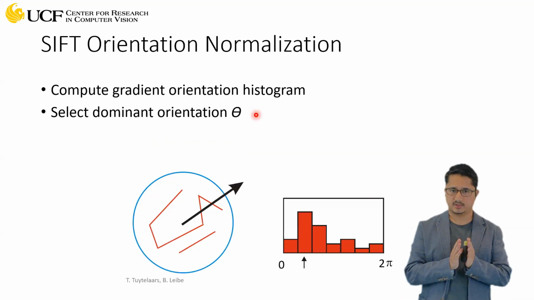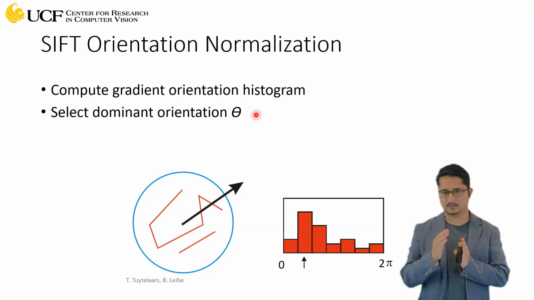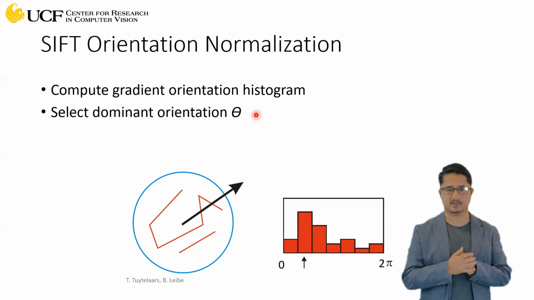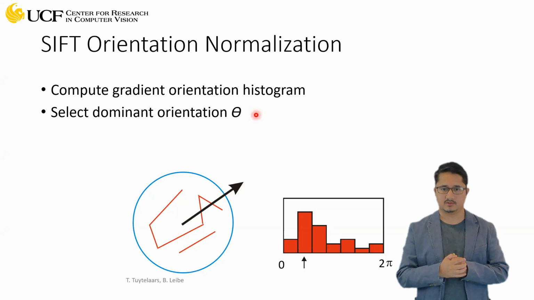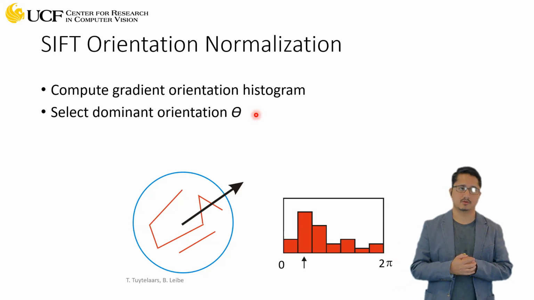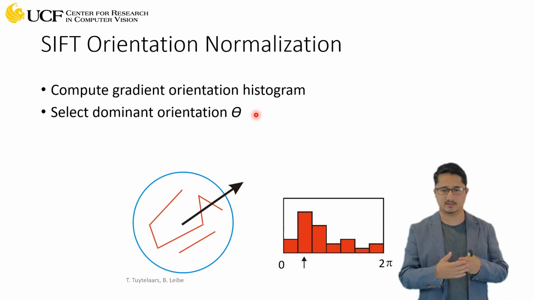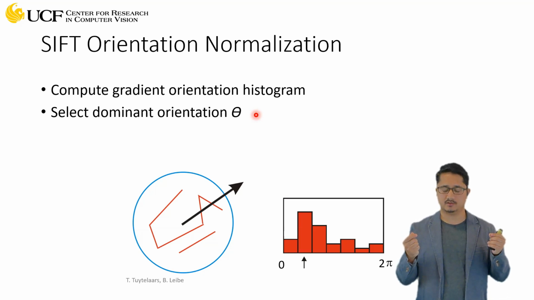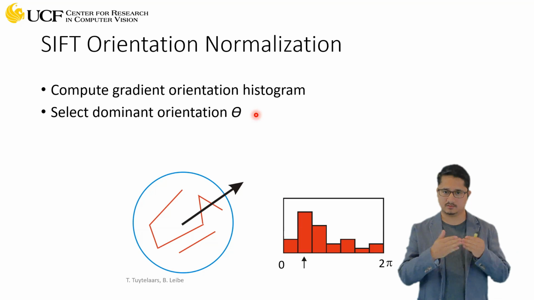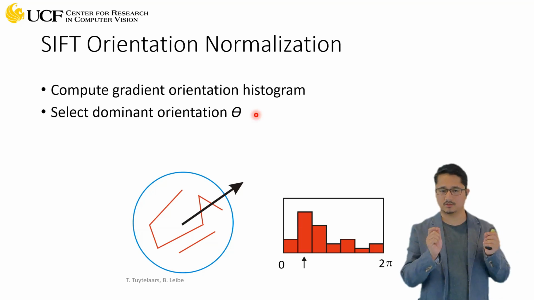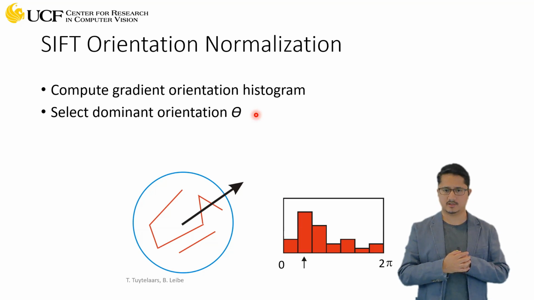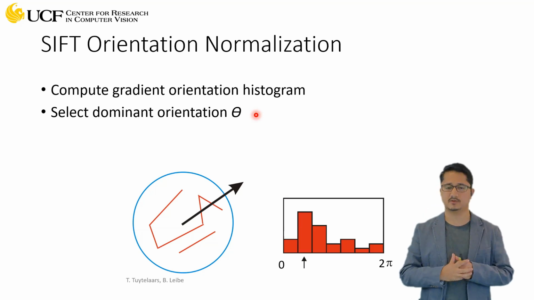Once you have the orientation, the next step is to normalize it. Because if your images are rotated, as we have seen earlier, it's very hard to compare the two, since the pixel locations will be shifted and the orientations will be different.